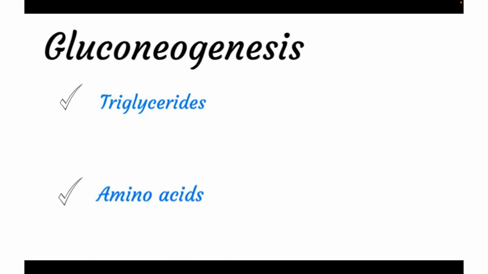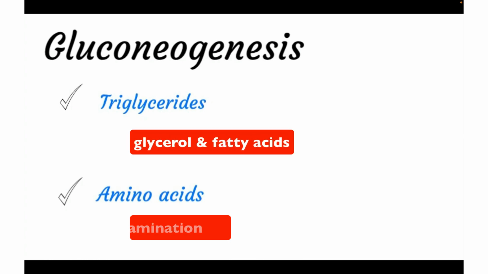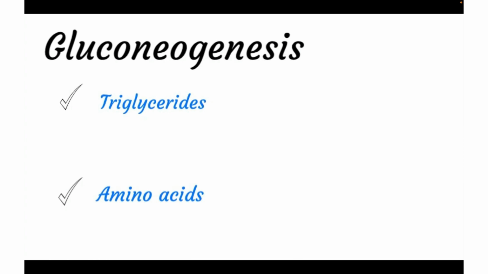And this is done via the process of deamination, which I will show you a slide of. And then triglycerides can be broken down into glycerol and the fatty acid side chains. The glycerol will enter glycolysis via an intermediate stage, and the fatty acids will be broken down into ketone bodies.